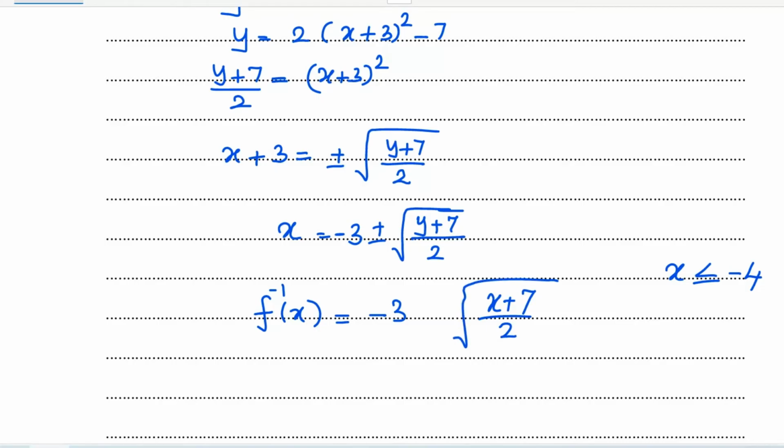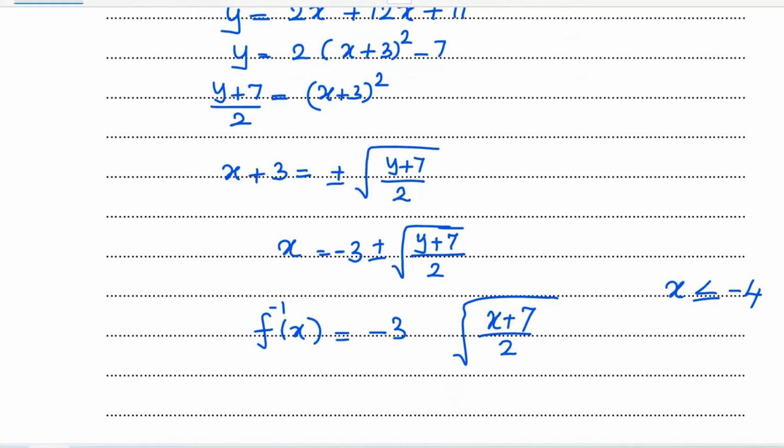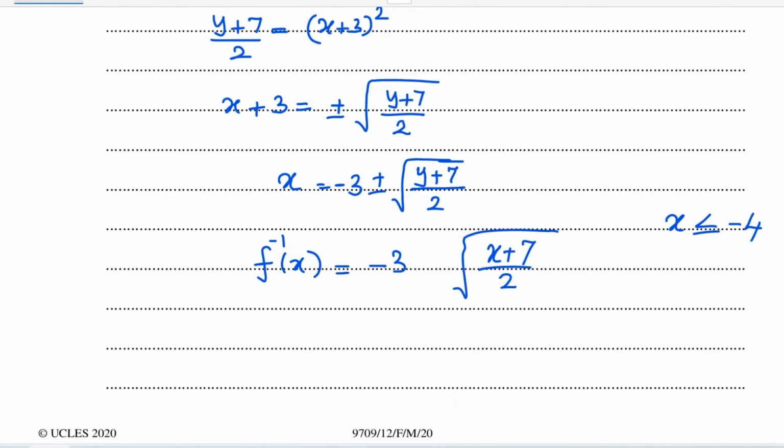Within the square root we will have minus 4 plus 7, which gives 3, so 3 over 2, which is 1.5.